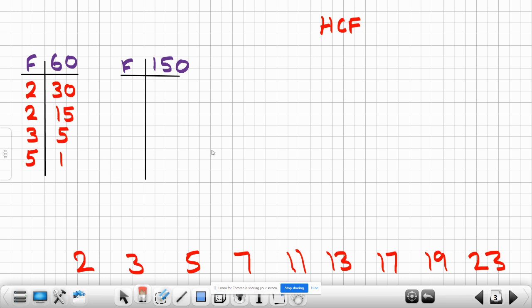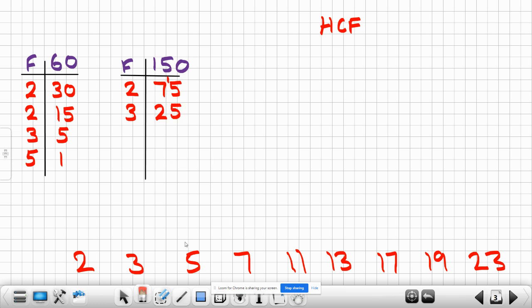Now let's move on to 150. Divide by 2 and we get 75. Now 3 is a factor of 75. If you're not sure, you can always experiment a bit, but don't forget what I said before. 7 and 5 makes 12. 12 is a multiple of 3, so it definitely has 3 as a factor. 3's into 7 go 2, remainder 1. 3's into 15 go 5.